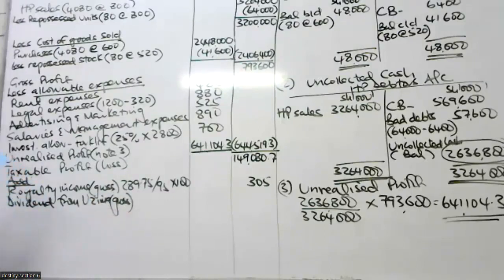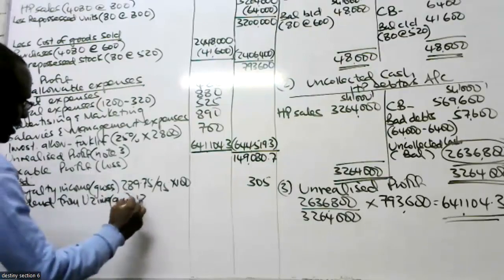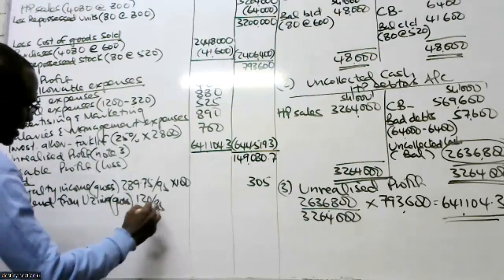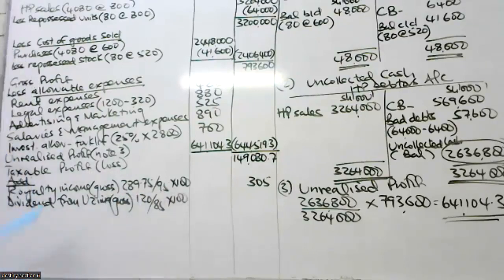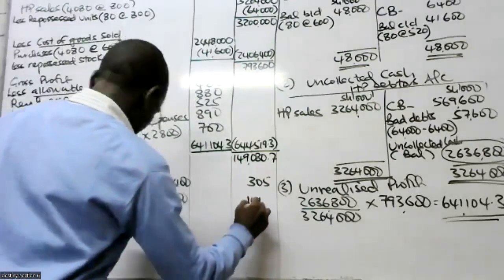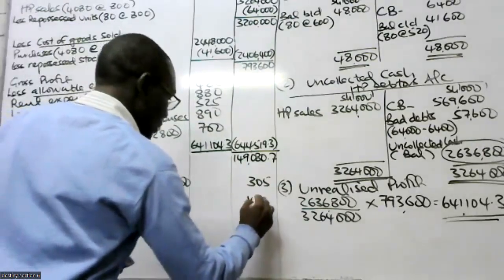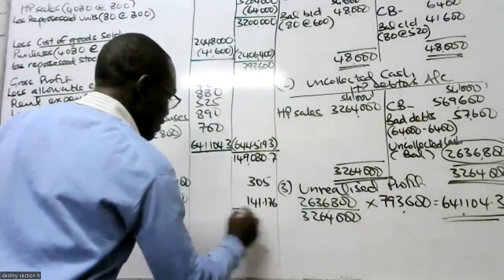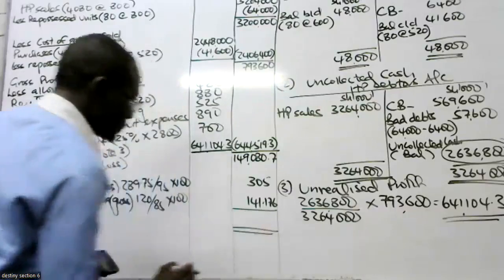If it were a SACCO, a SACCO is a limited company. This is a farmers cooperative society. So you take 120,000, which is equivalent to 85%, and you multiply by 100 and divide by 85, because withholding tax is 15%. And you get 141,176. This should give us the total taxable income.